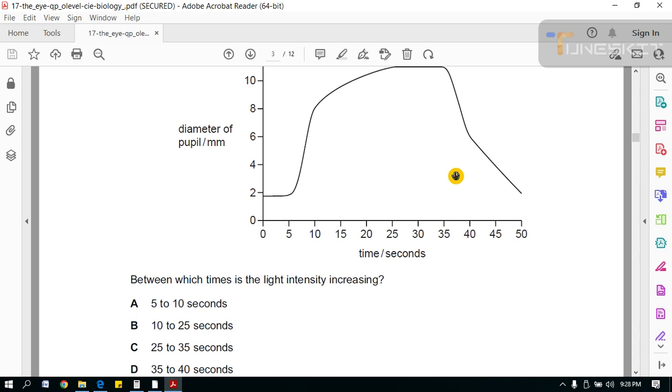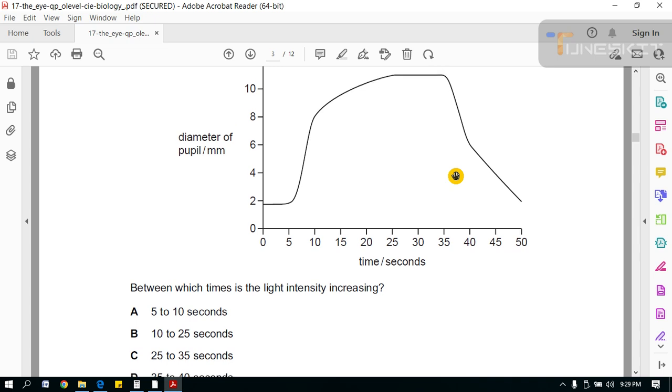What's going on with the diameter of the pupil? When this line is going up, the size of the pupil is increasing. This graph is showing you that the size of the pupil is increasing, and the pupil increases when you have less intensity of light, when you have dim light, right?